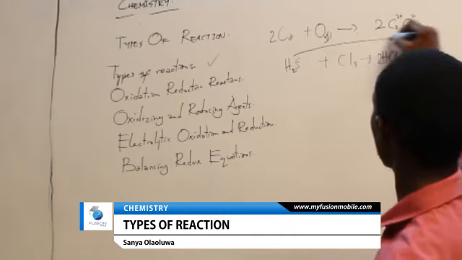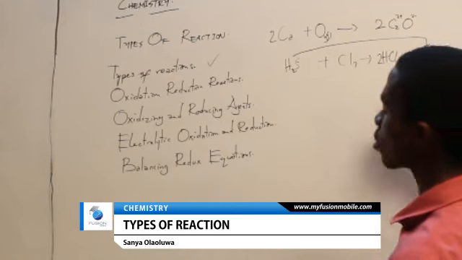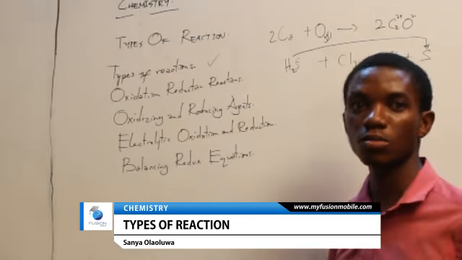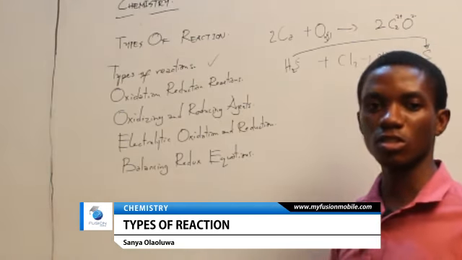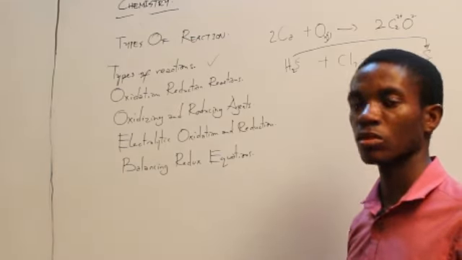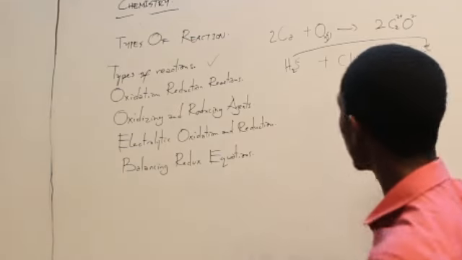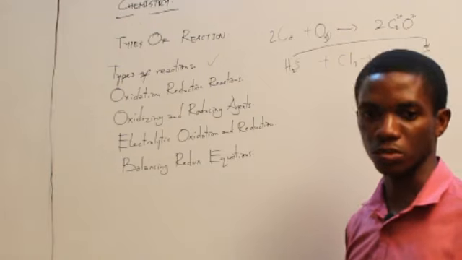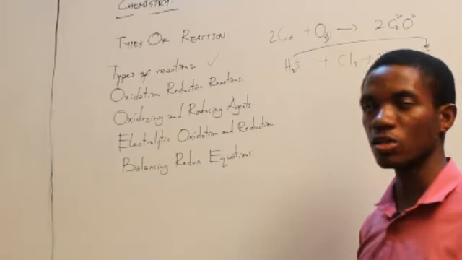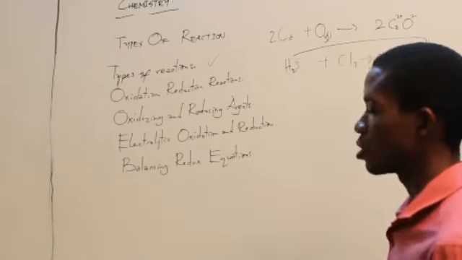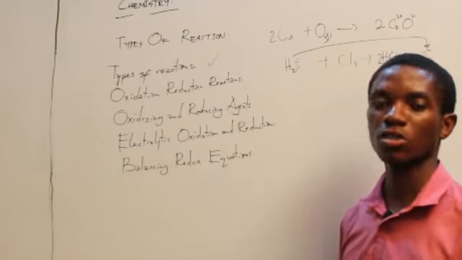Now you see this sulfur here has been oxidized. How do we mean it has been oxidized? It has lost some hydrogen. So we'll say it has been oxidized.